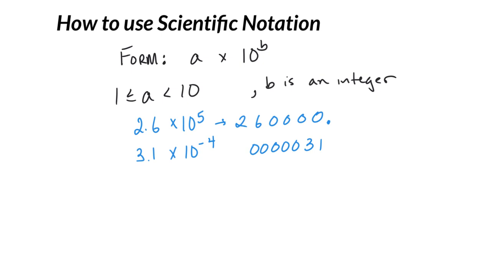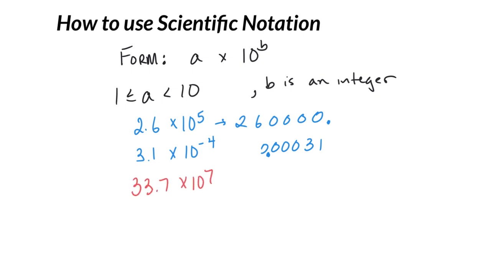I'm going to put that decimal, and you'll see I have too many zeros. So I can always go back and at least erase one of them so that it looks more like a normal number, but 0.00031. Now, if you had something in an incorrect form, let's say you had something like 33.7 times 10 to the 7th.